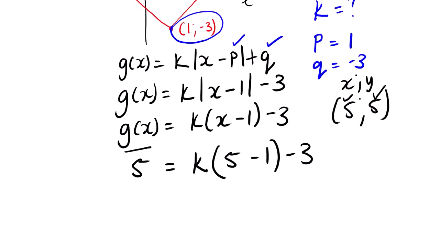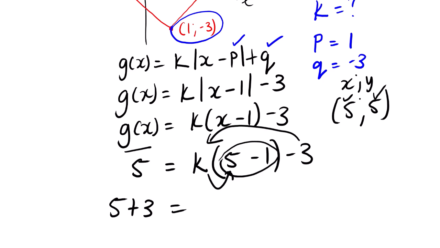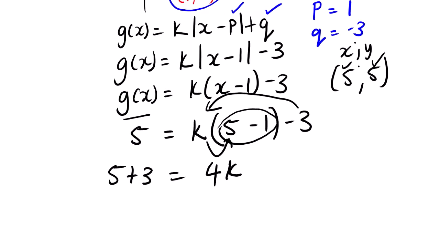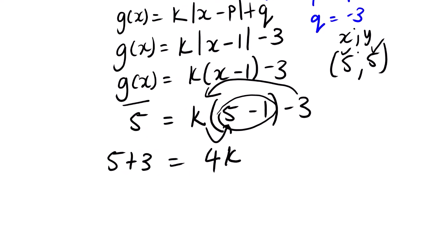So from here, we can transpose this to the other side. We are going to have 5 plus 3 equals, we multiply this and this. Before we multiply, let us solve inside the bracket. 5 minus 1 is 4. So 4 multiplied by k, we have 4k. And then from here, 5 plus 3 is 8.